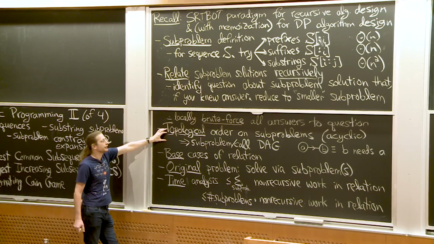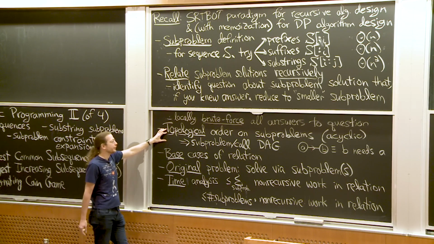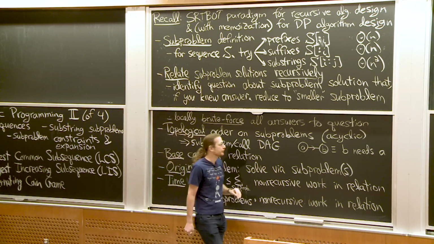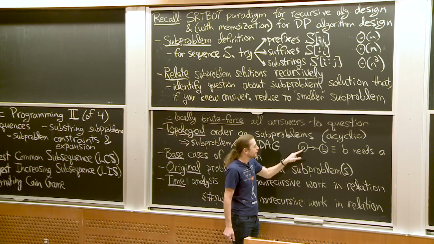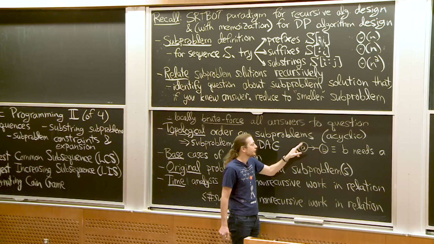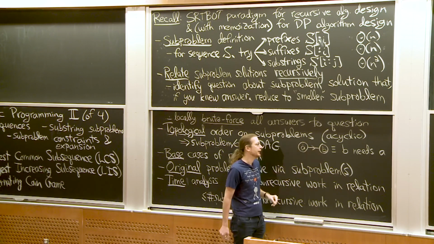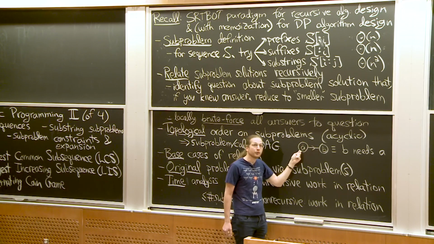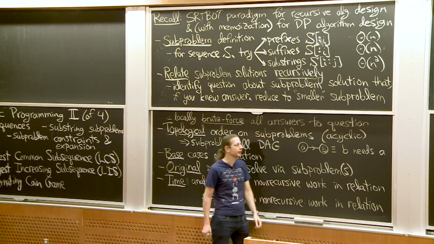So we like to give an explicit topological order. Usually it's a couple of for loops. But this is a topological order in the subproblem DAG, which I defined somewhat informally last time. The vertices are subproblems, and I want to draw an edge from a smaller problem to a bigger problem, meaning that if evaluating B in this relation calls A, then I'll draw an arrow from A to B, from the things I need to do first to the things I'll do later.